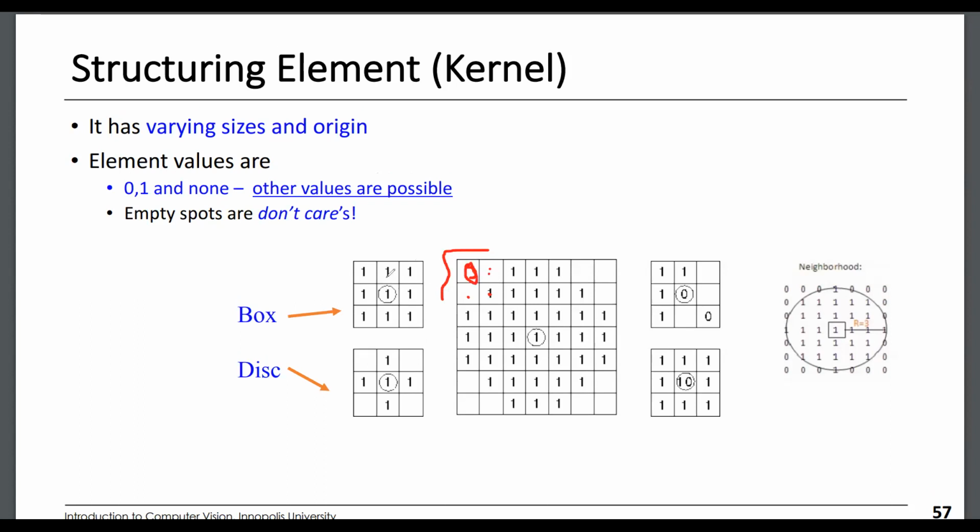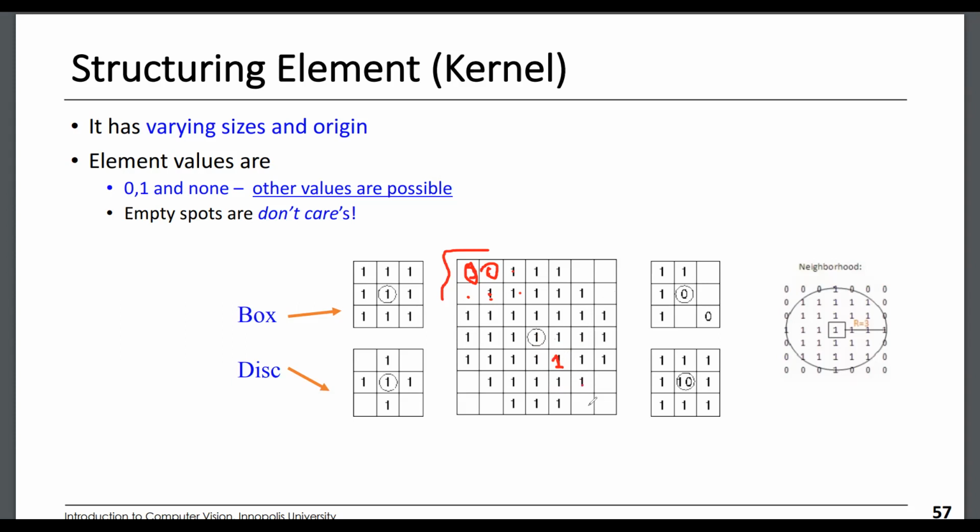In this place also, we have just 3 parts of the structuring element included in the image, so we put 0. If we come to this place, we have 1, 1, 1, 1, 1, 1, 1, and 1. So in this case, we have the structuring element fitting the whole area. So the output at this place would be 1.